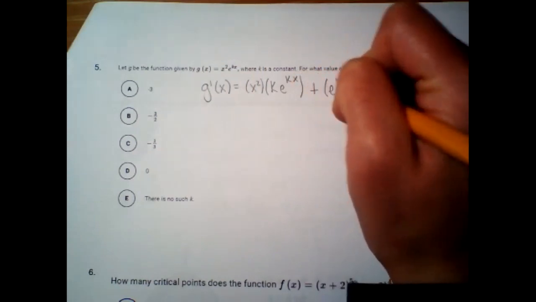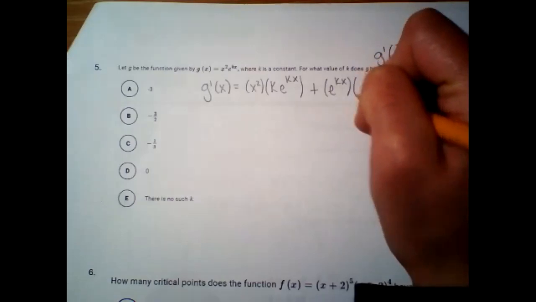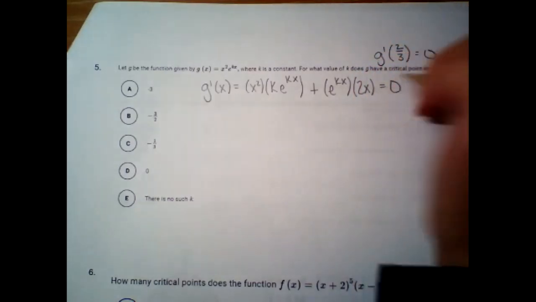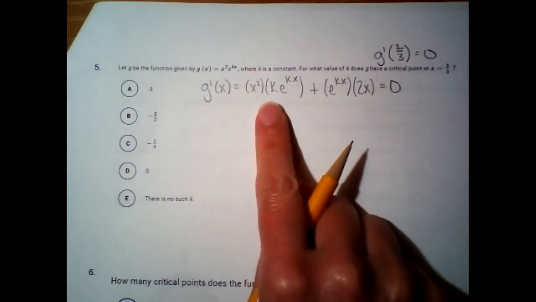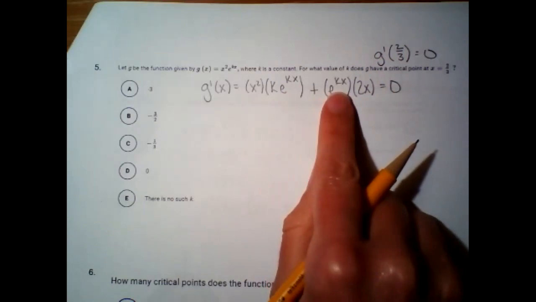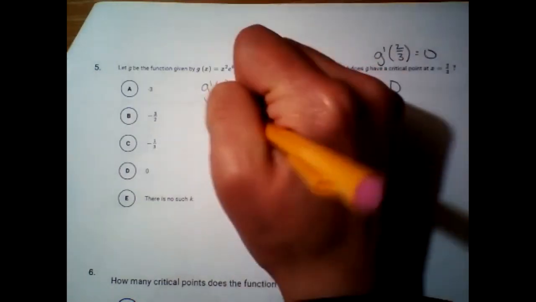Plus the second thing times derivative of the first. And we are going to set this equal to 0. I would like to factor it, though, to make this look a little bit nicer. We can take an e to the kx out of both of them, and we can also take an x.